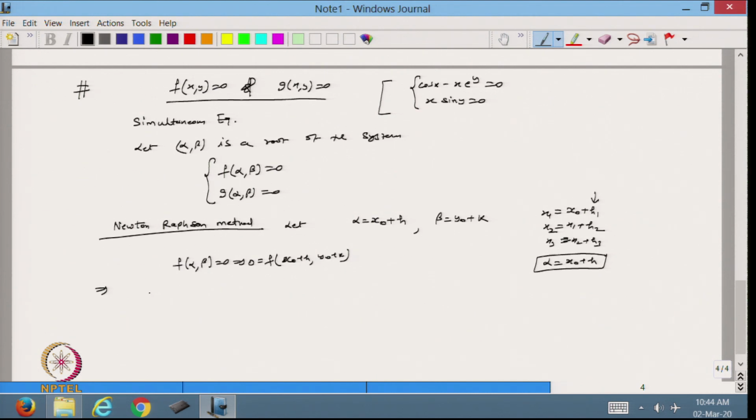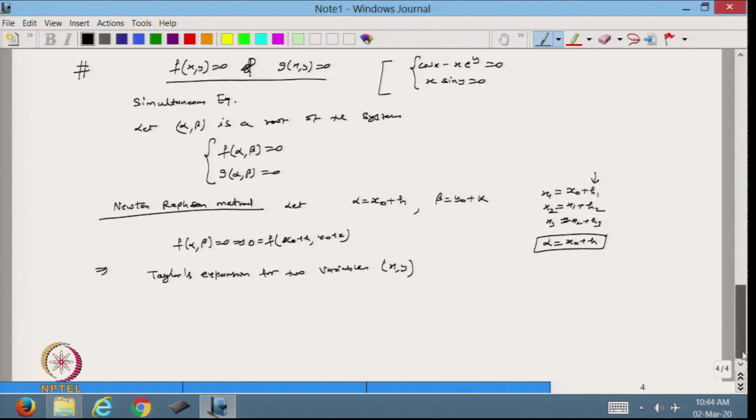So, I can apply my Taylor expansion for several variables, I can say for two variables, that is x and y.